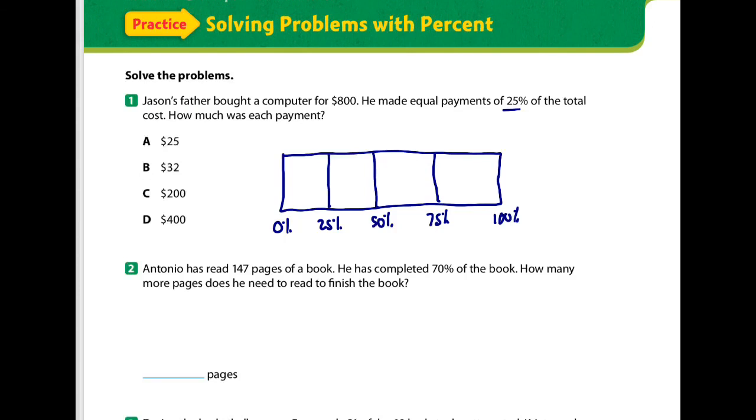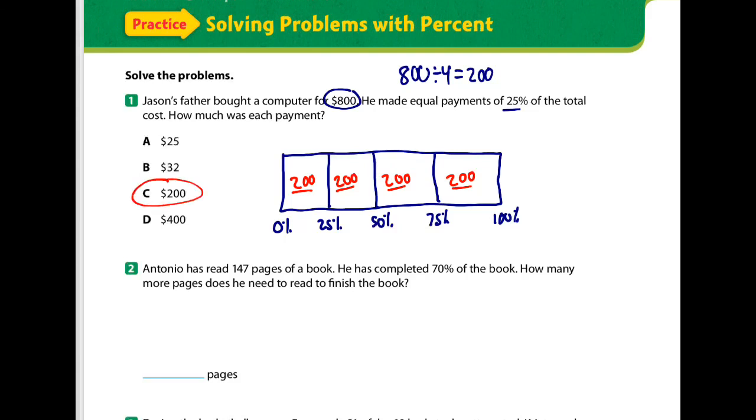Now, if you split $800 into 4 equal pieces, that's 800 divided into 4 pieces, you get 200. So each one of those 25% pieces is 200.